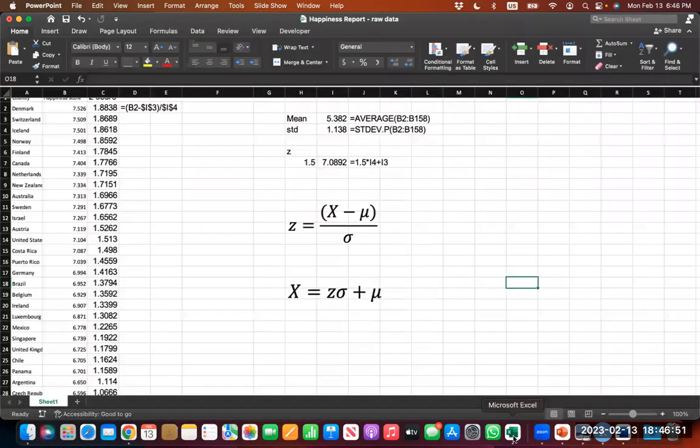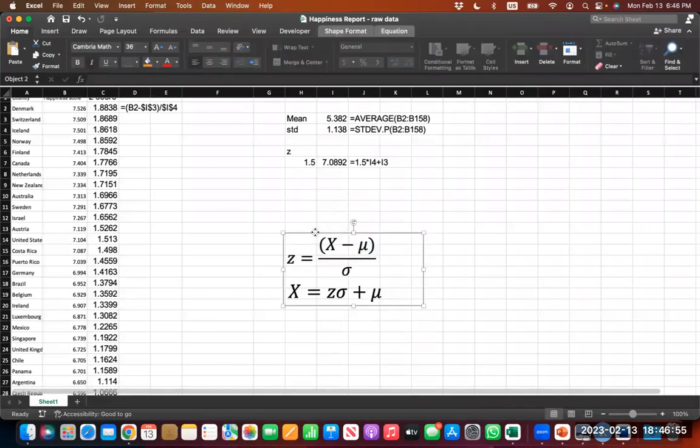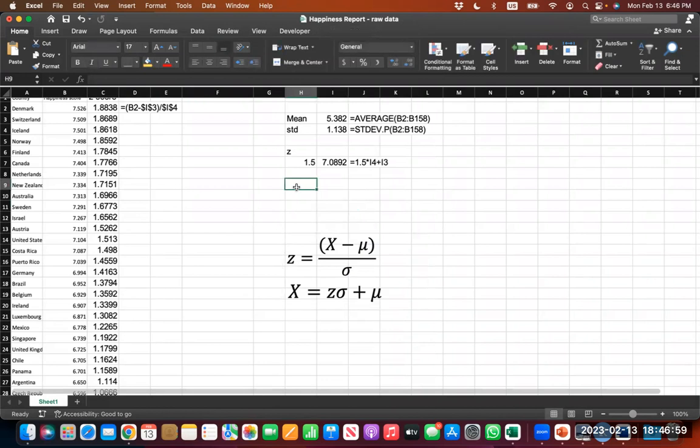Good. Now this is an interesting use case, where you're asked to quantify how many of your population are between a happiness score of, let's say, 7.1 and 6.5.